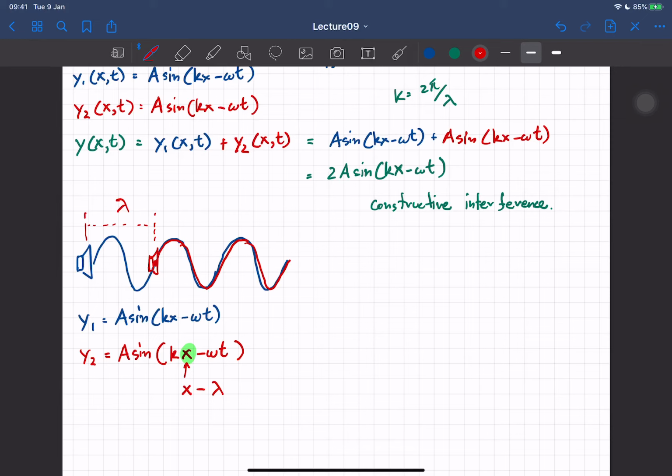If I shift the whole graph to the left, then I would do x plus lambda. So in this case, x minus lambda. Okay, so that's gonna give me sine(k(x minus lambda) minus omega t). So if I multiply out, I have kx minus omega t, which is what I had earlier. But then the extra factor, I have minus k times lambda, right?